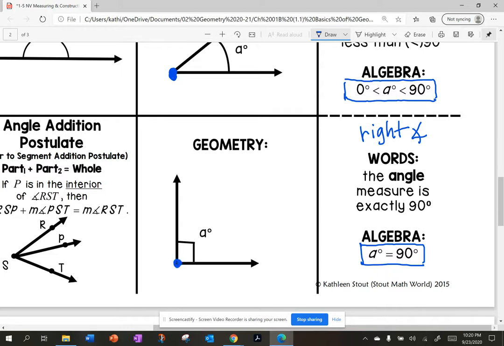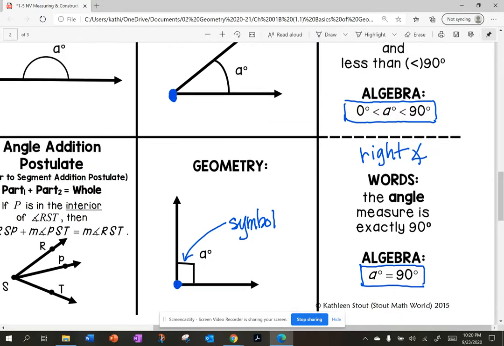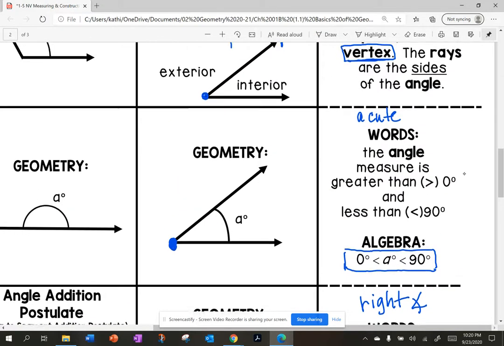Here's my vertex, and I show it with this symbol to show I have 90 degrees. And we call that perpendicular. My two rays are perpendicular. Okay, so this is an acute angle.